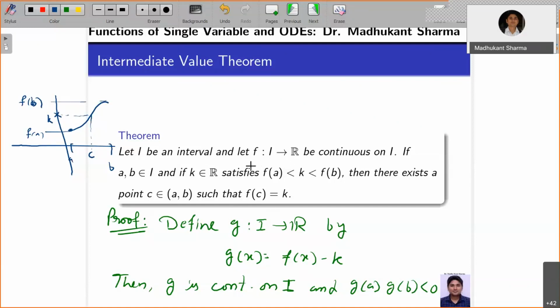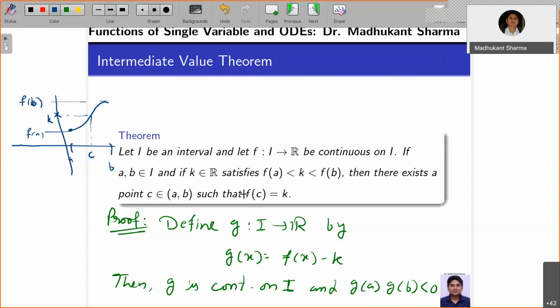Here we are going to use Bolzano's property. You define a new function g by g(x) equals f(x) minus k. If you take the difference with k in the inequality, f(a) minus k is less than 0, less than f(b) minus k, which gives you a feeling like Bolzano's property.